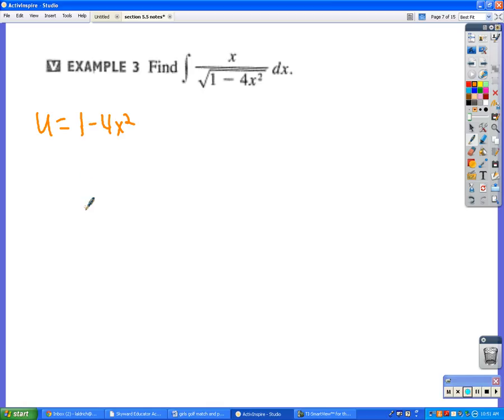All right, so if I let u be 1 minus 4x squared, then that means I've used up that right there, okay? So what I need to do is take the derivative, and match that up with what's left in the problem. So the derivative of negative 4x squared is negative 8x dx.